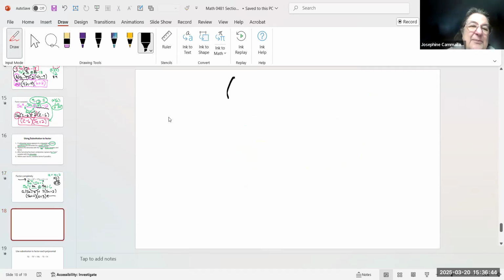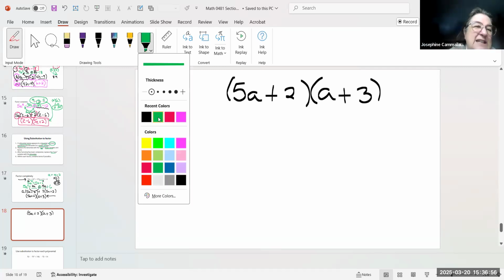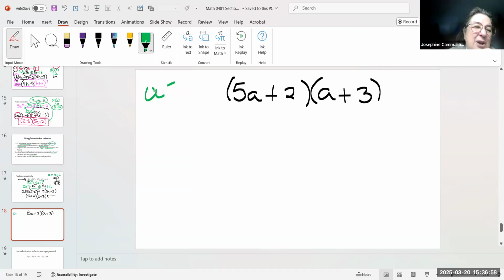I just got 5a plus 2, and I got a plus 3. But remember that little substitution I did at the top? I said a was equal to x plus 2. Will you see where these a's are?